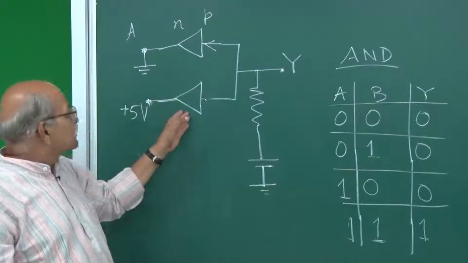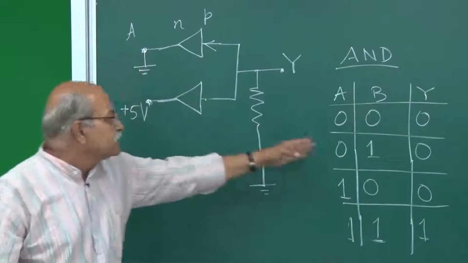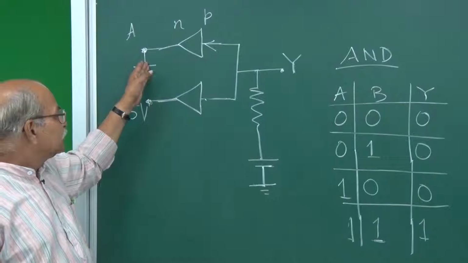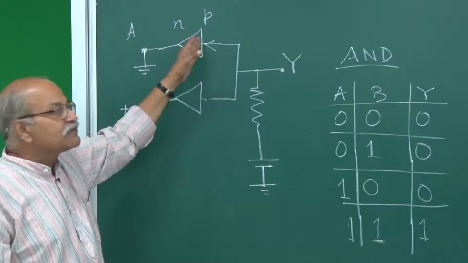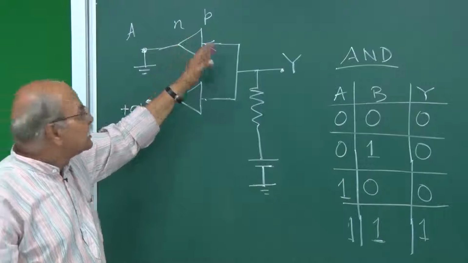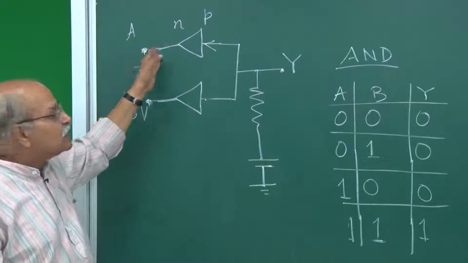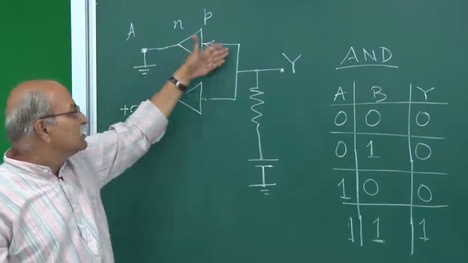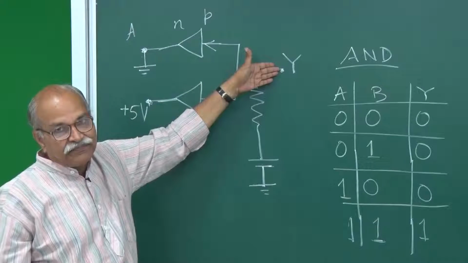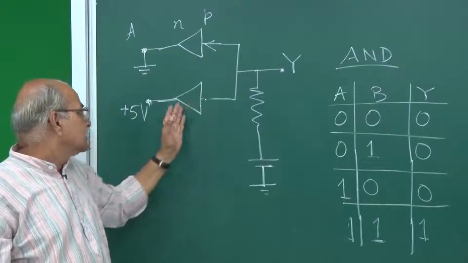But doesn't matter. This is still grounded. A is 0. This is still grounded. And therefore, this is higher voltage, this is lower voltage, this is forward biased, and therefore the current will still be there. And once the current is there, once again the same story, if this is 0, then there is only a small voltage which is 0, and here it is 5 volt.